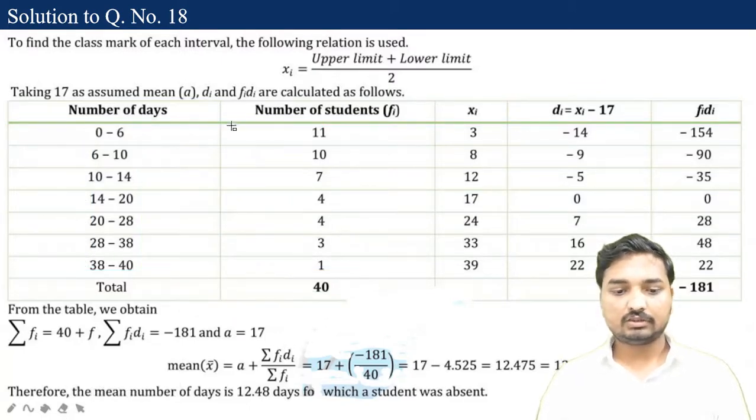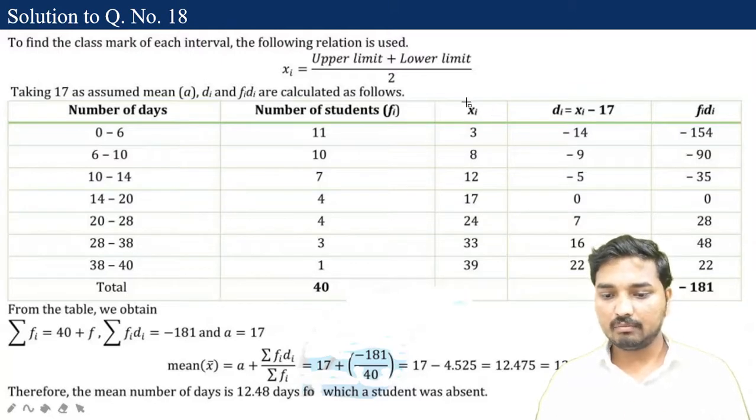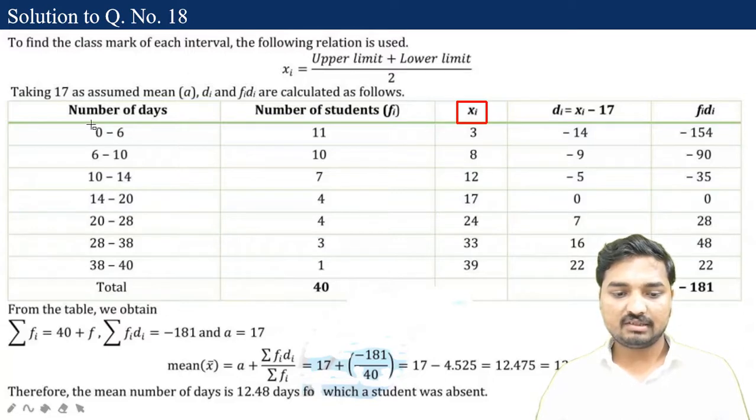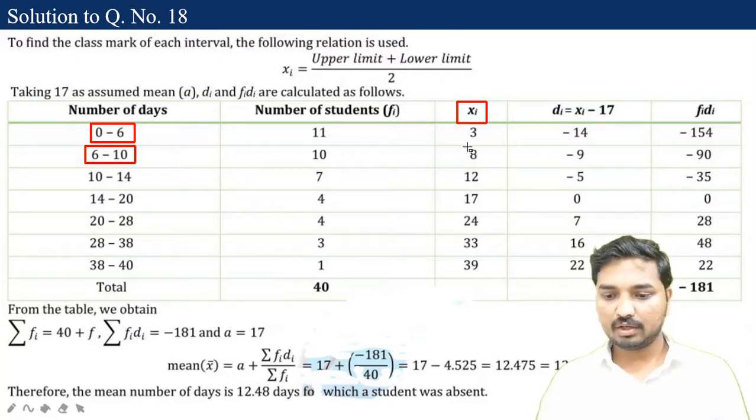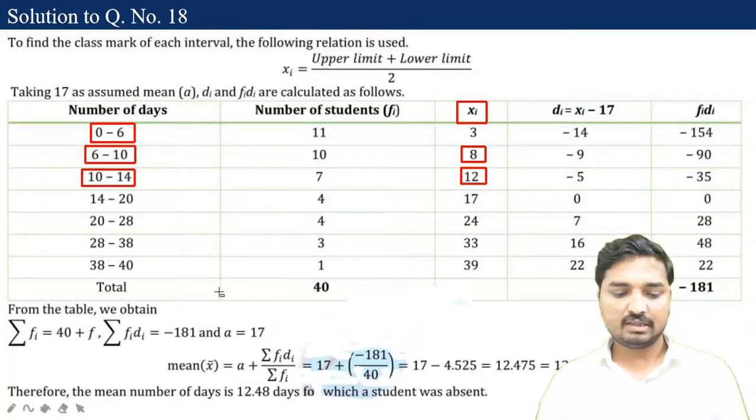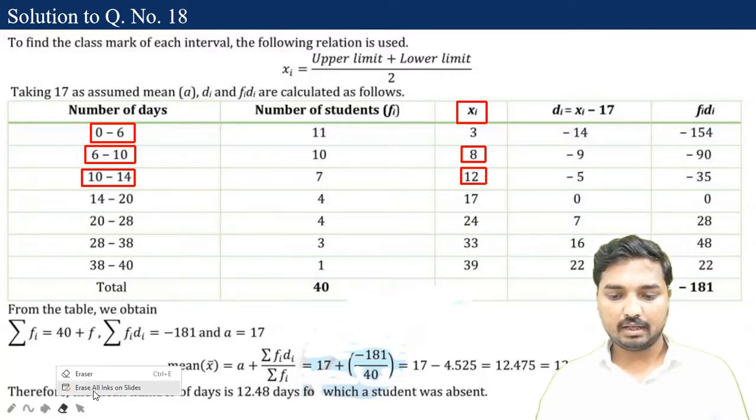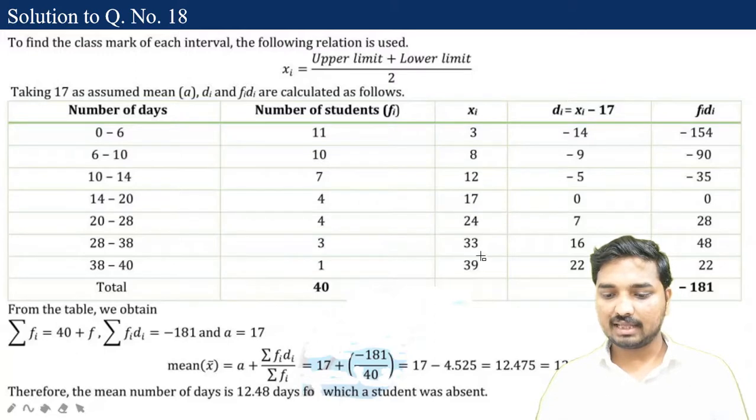The third column is xi. 0 plus 6 divided by 2, the mid value, is 3, so xi is equal to 3. 6 plus 10 means 16 divided by 2, which is 8. 10 plus 14 means 24, and 24 divided by 2 is 12. You apply the same procedure and get the remaining values like this.